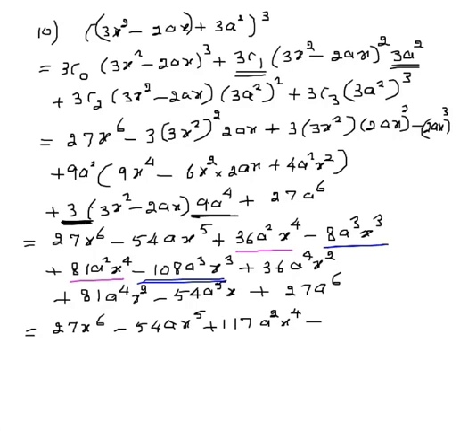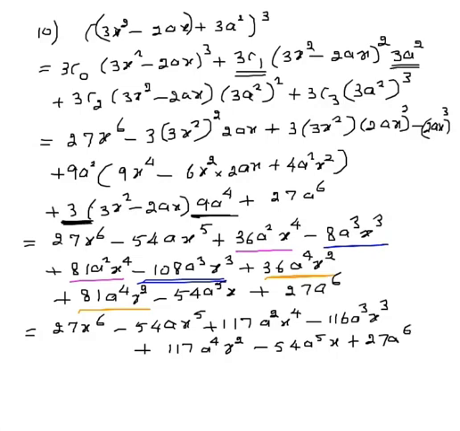Add these like terms, we get minus 116 a cube x cube, and then 36 a raised to 4 x square and 81 a raised to 4 x square. The total will be 117 a raised to 4 x square, minus 54 a power 5 x, and the last term is 27 a raised to 6.